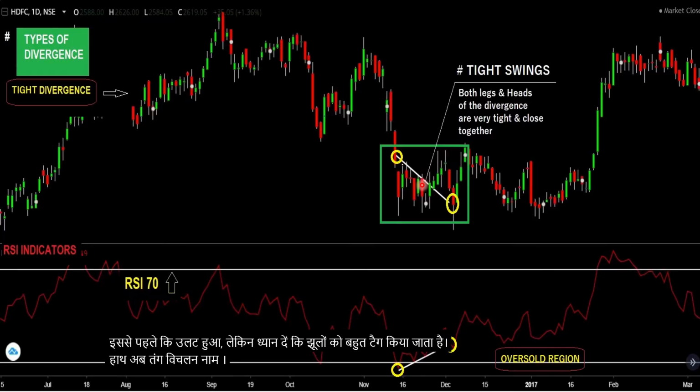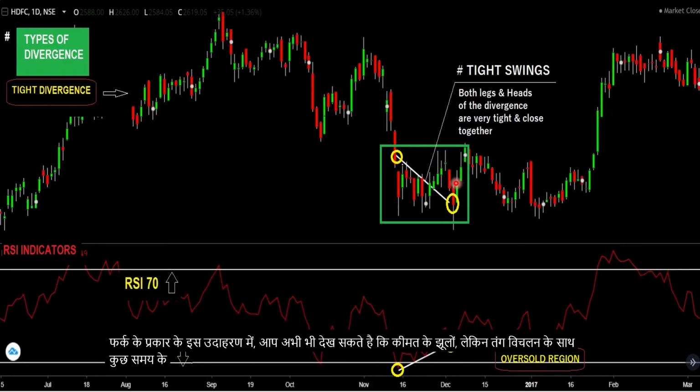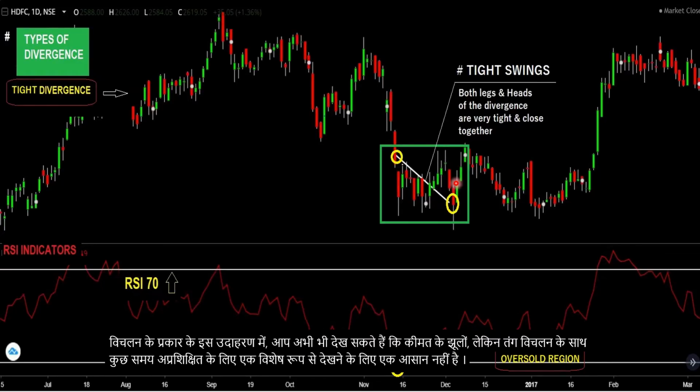Now, in this example you can still see the swings of price, but sometimes tight divergence is not easy to see, especially for the untrained eye.